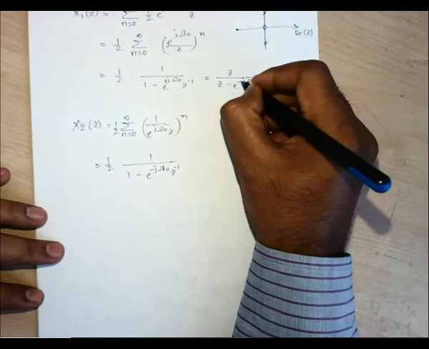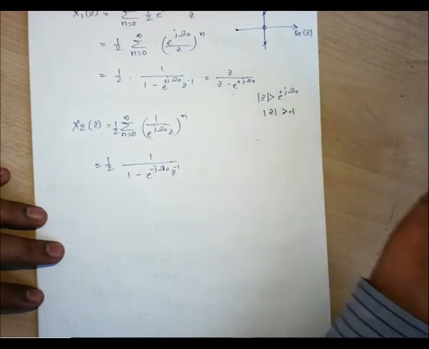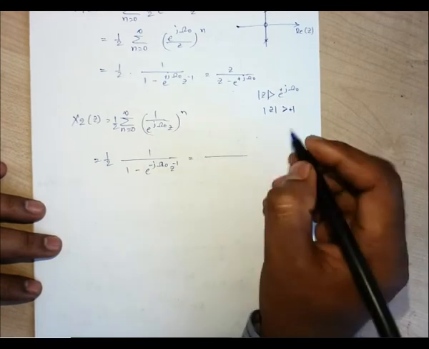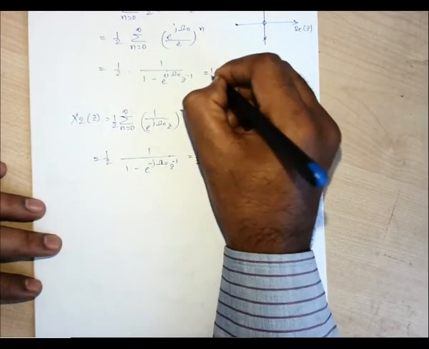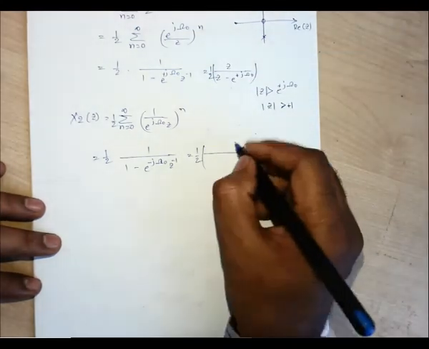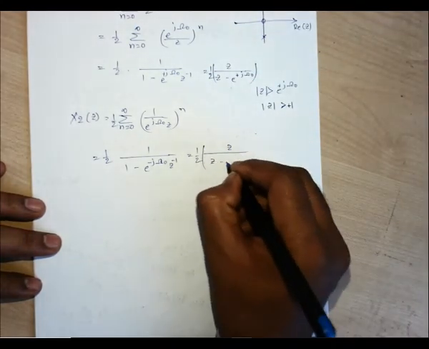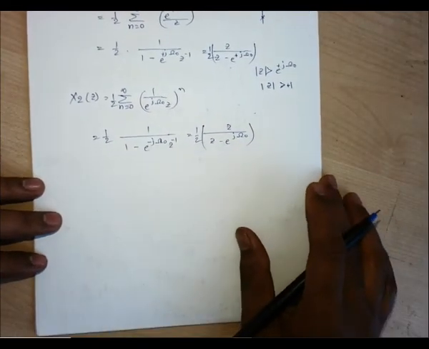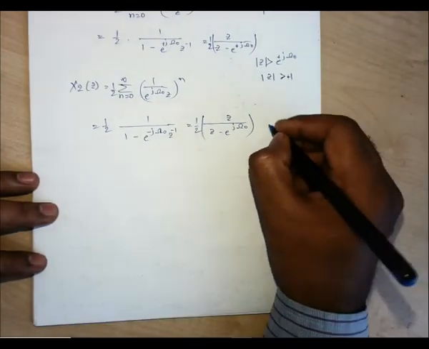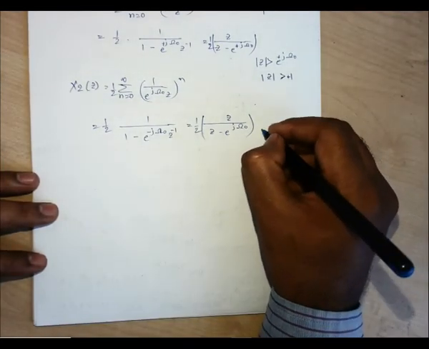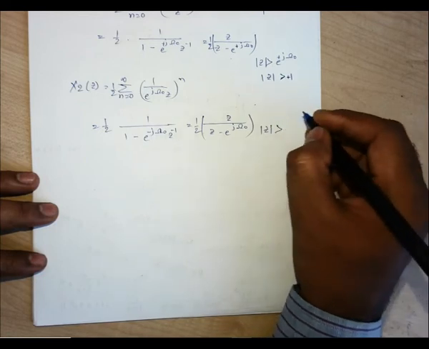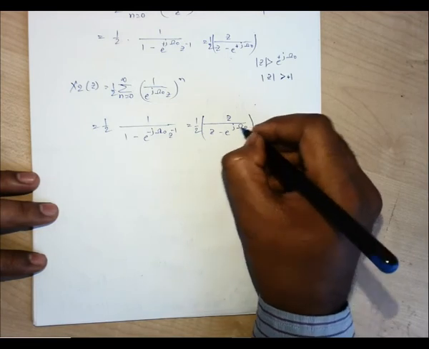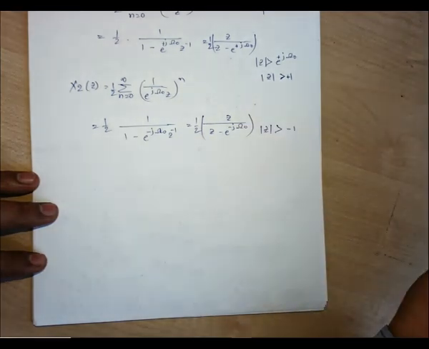So for this case it is coming as half of z by z minus e to the power j omega naught, right? So our ROC becomes mod of z should be greater than, if we choose minus, that will be minus 1.